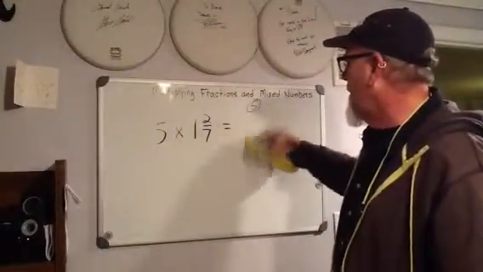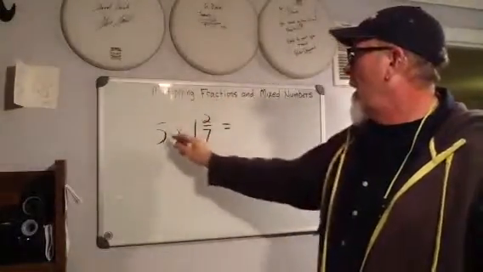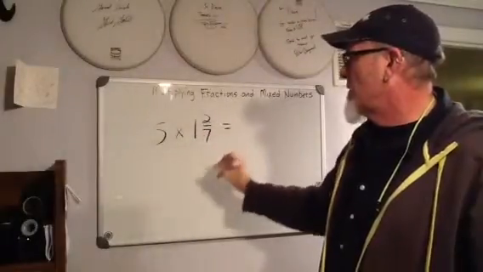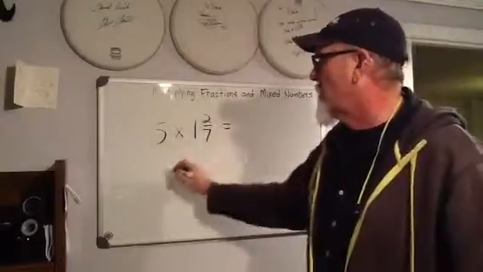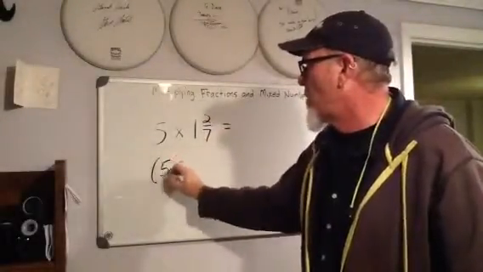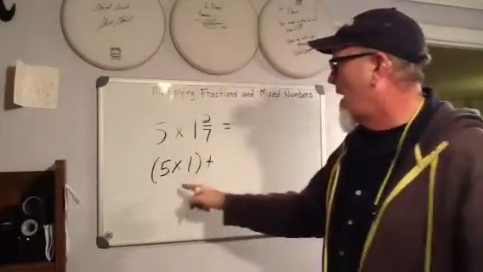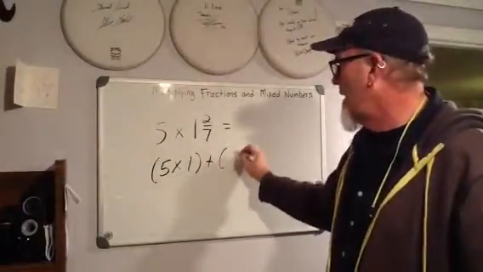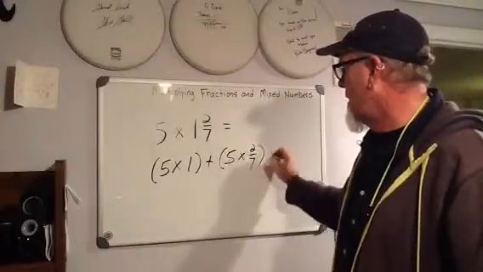but if it helps us, we can use the distributive property. In other words, we can break up our 1 2/7 into 1 and 2/7 and multiply each of those parts by 5. We've done this before with the distributive property. This one becomes 5 times 1 plus 5 times 2/7.